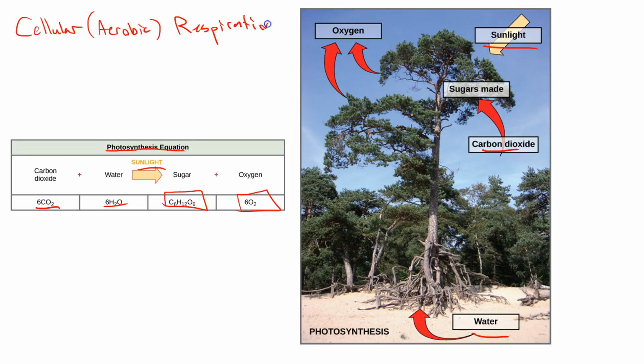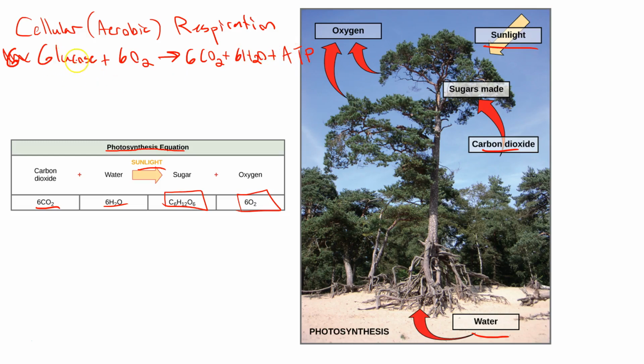You take glucose, you add to it 6 molecules of oxygen. That is going to be broken down and makes 6 molecules of CO2 plus 6 molecules of water plus ATP.